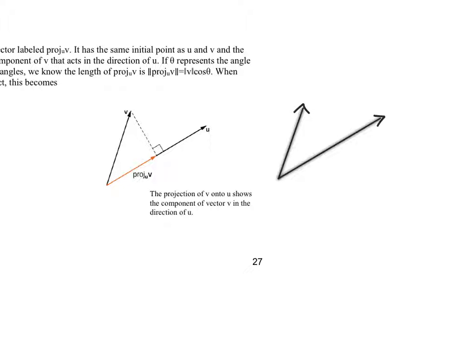All right. So, again, I have V and U. Now, if I dropped an altitude going from U to the extension of V, so I'm going to shoot V up in this general direction. It's going to look something like that.